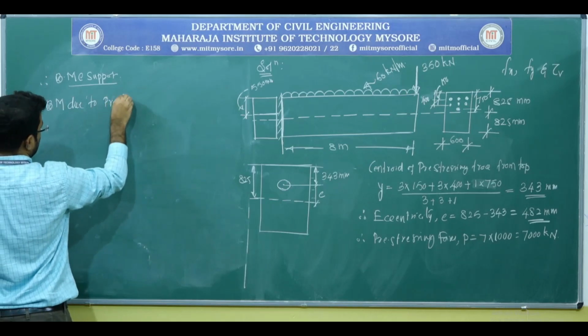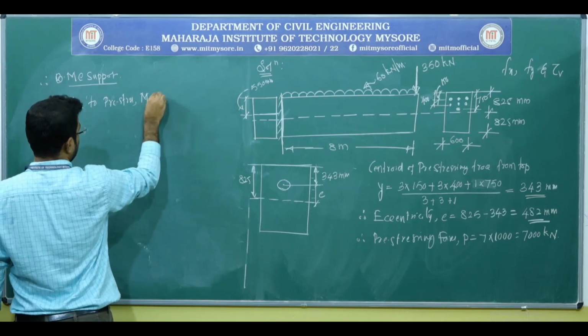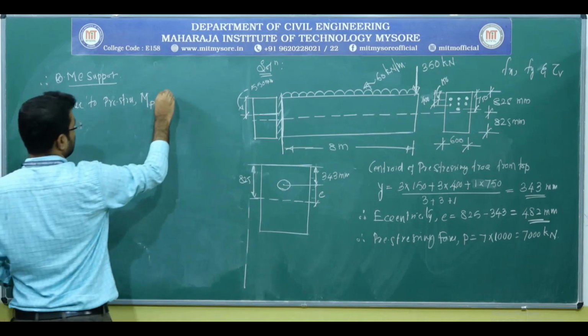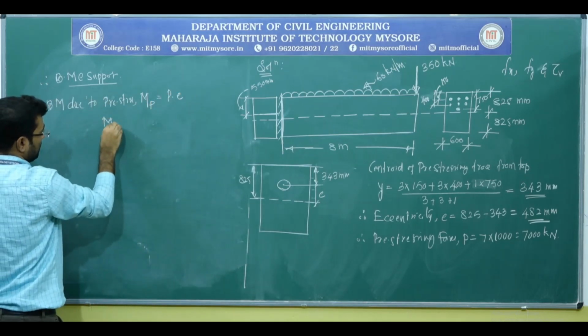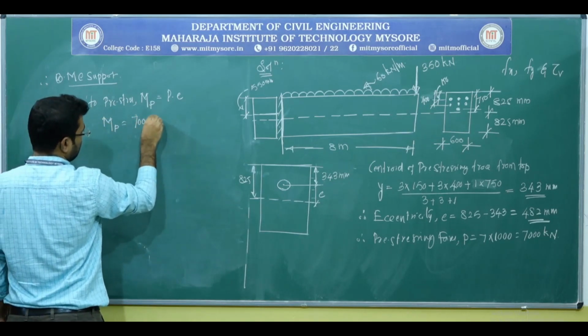Let us call this MP. We know that the bending moment due to pre-stressing force is P into E. MP is equal to, P is 7000 kilonewton.